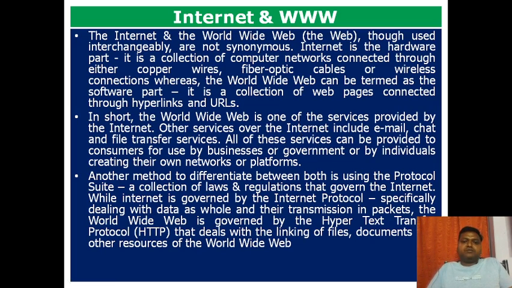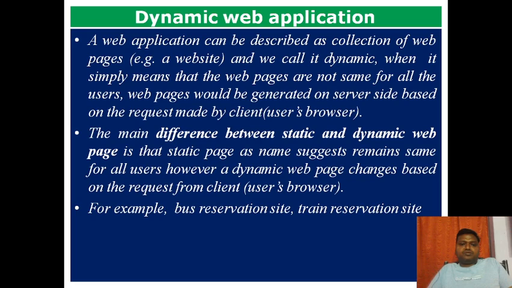Internet is a hardware component, it is a connection, actually it is a computer network, just like cables and plugs, it is a network, whereas World Wide Web is the software part or collection of web pages which are connected through hyperlinks and URLs. And they need some protocol, which is HTTP, hypertext transfer protocol.